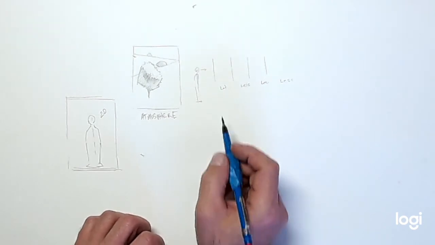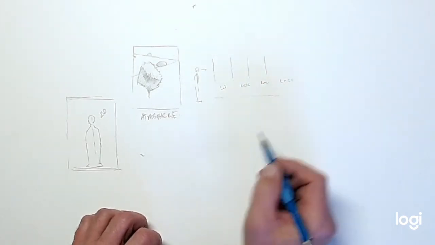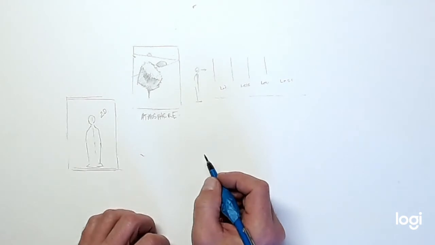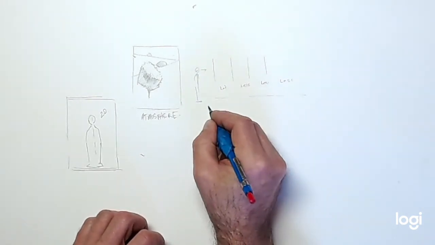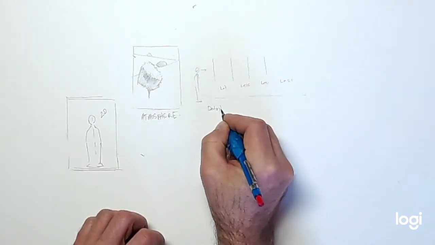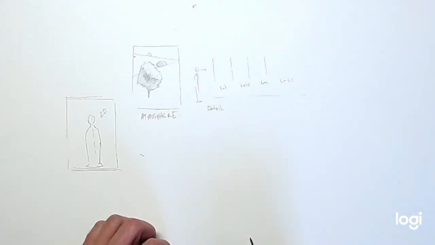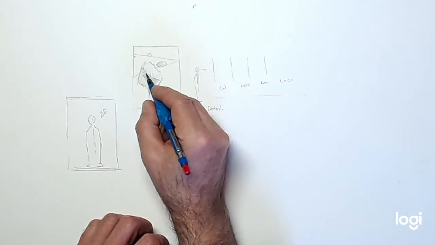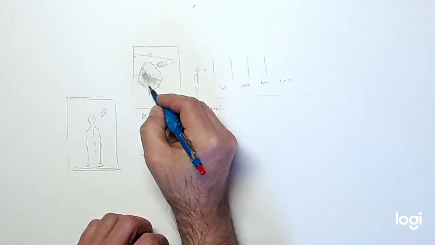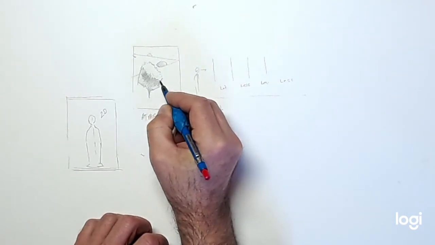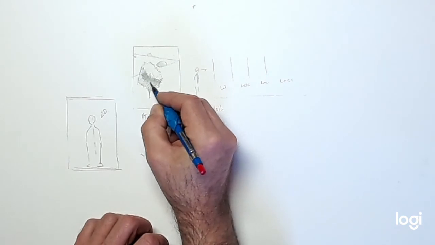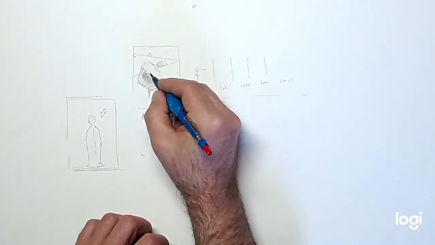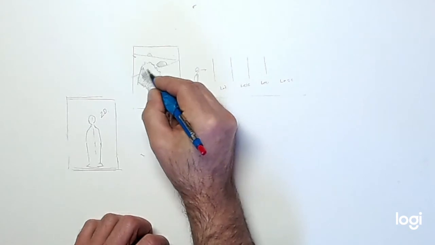Now another thing that happens as you move back in space is contrast lessens, right? So detail is one way that we can show distance. Contrast is another way that we can show distance. So for instance, this guy is really dark at the turn, at the transition from light to shadow. There's a real darkness.